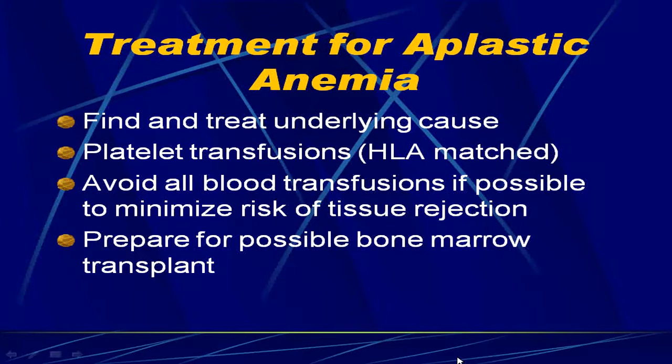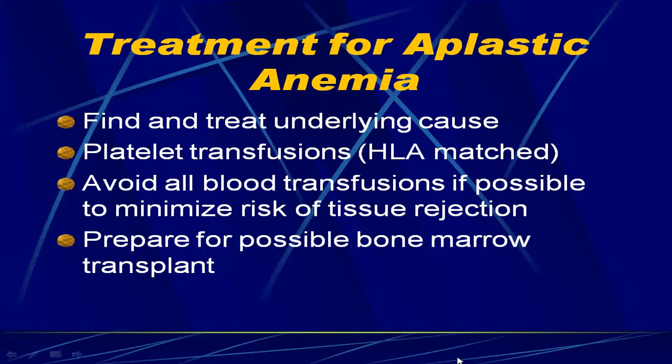They need to avoid all blood transfusions if possible to minimize the risk of tissue rejection. Now, this comes more into play when the person has an autoimmune cause for aplastic anemia. With aplastic anemia, our treatment of the patient is directed at preventing complications from infection and also from hemorrhage.